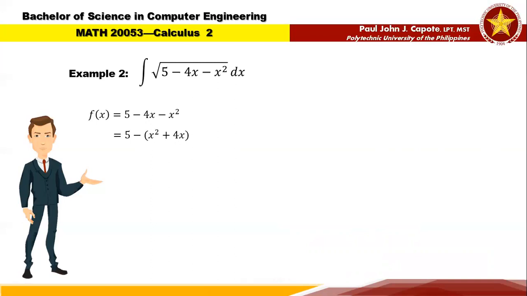Then we associate x squared and the term 4x. So we have 5 minus x squared plus 4x.